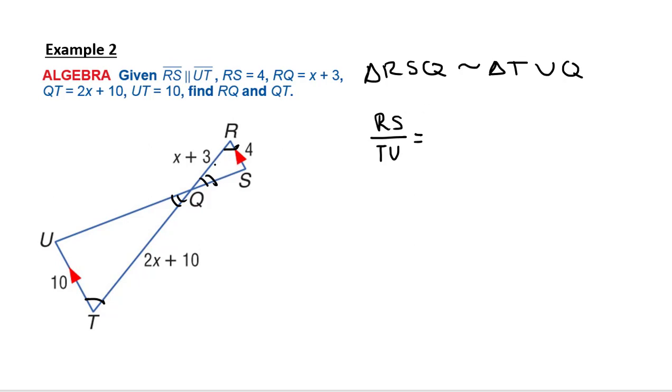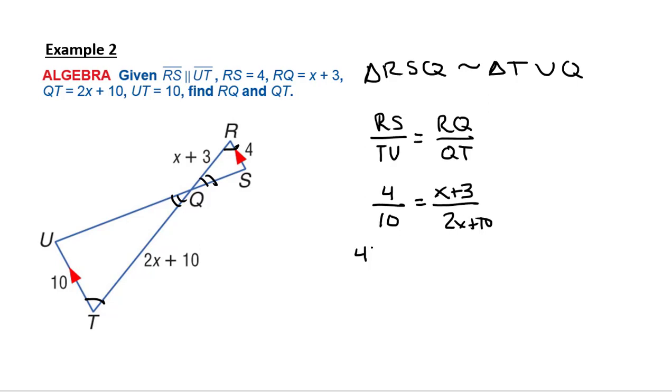I started with this smaller triangle, so RSQ. So RQ is corresponding to QT. Now we plug in. RS is 4. TU is 10. RQ is x plus 3. QT, 2x plus 10.